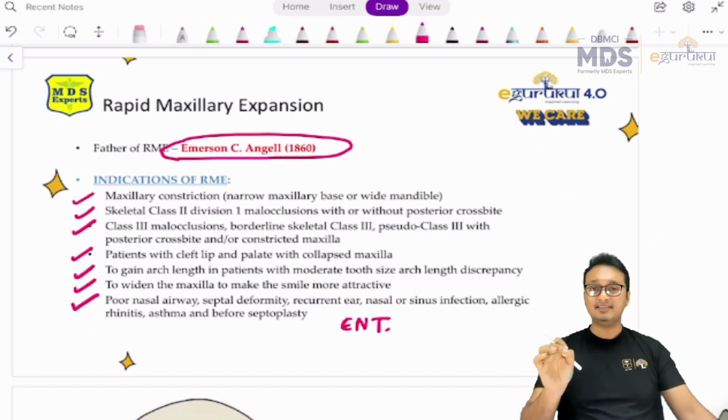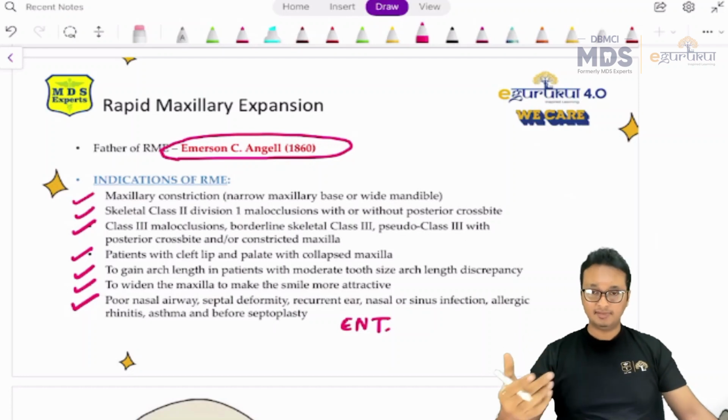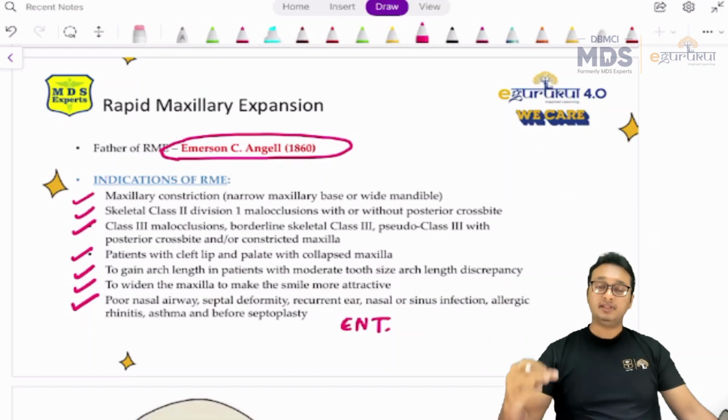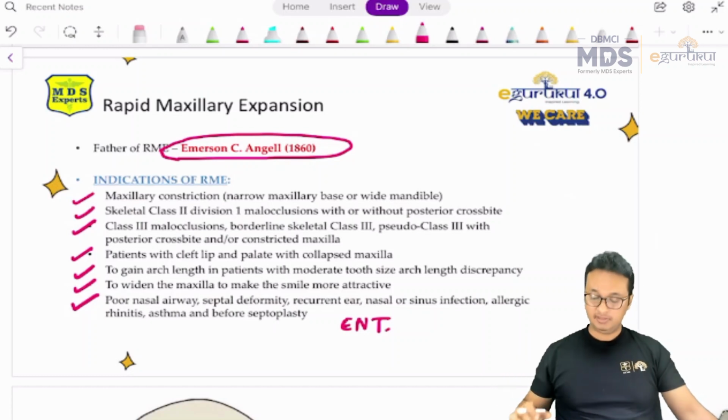So that increases the nasal airflow, reduces the resistance to airflow, and this can also be an effective method of treating mouth breathing habit, as we have already discussed earlier.